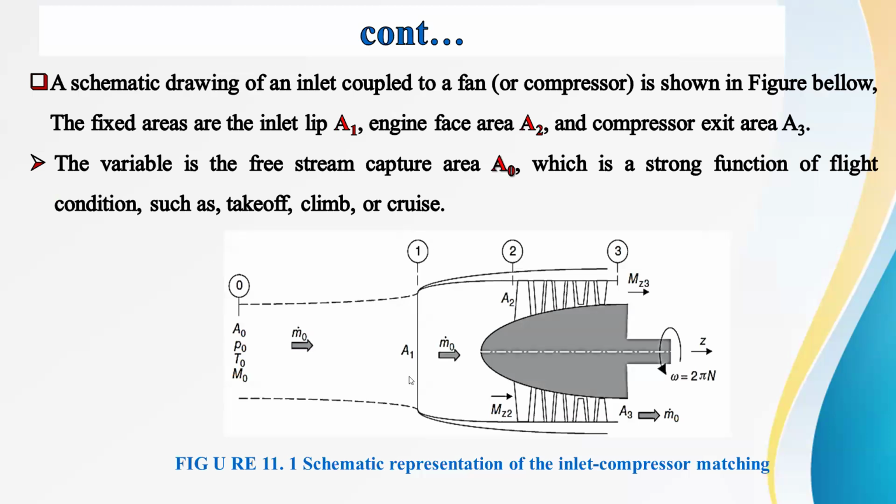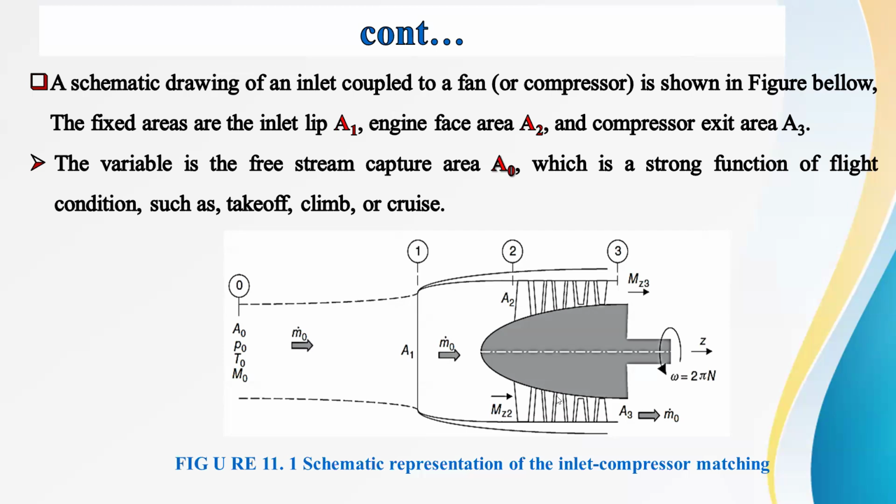And we have the inlet condition here, represented with 1, and the mass flow rate of the ambient air coming into the inlet is m dot naught, which enters the compressor section, station 2.